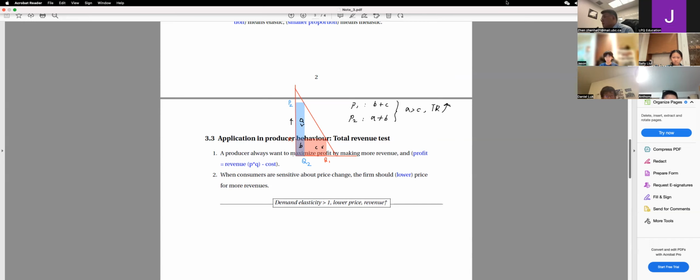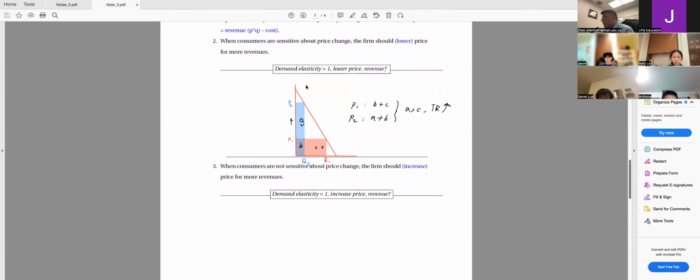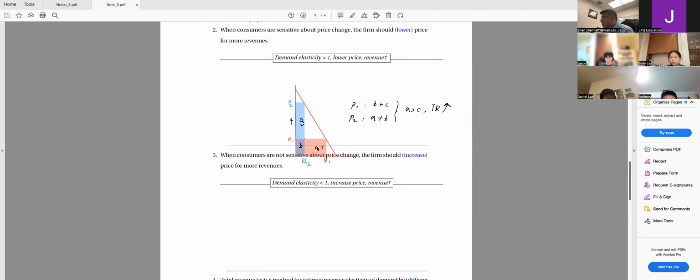If ED is greater than 1, you lower the price, total revenue can increase. Graphically speaking, when your demand curve is a flatter curve, every time you should lower the price to attract more consumers, so you can make more money.